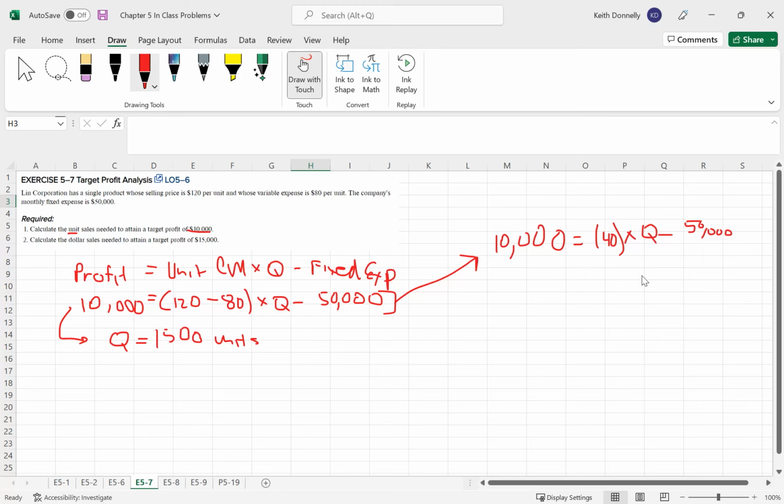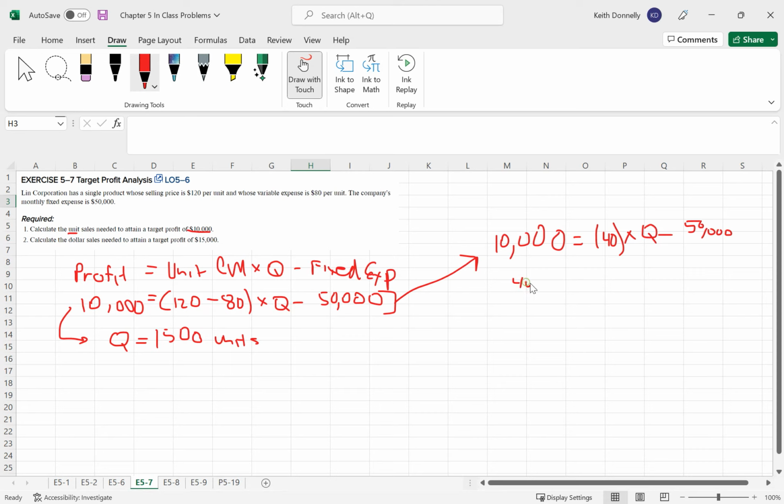Then what you would do in this case is you would move the negative 40 over here, as well as the Q, right? And you could, in this case, move the 10,000 over as well. In other words, let's start shuffling the deck here, right?